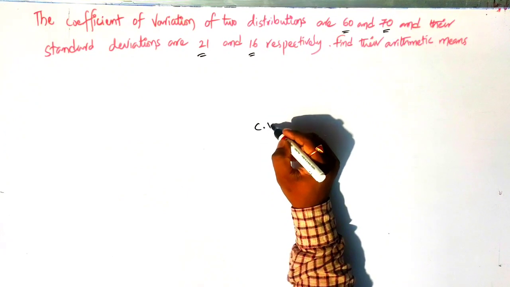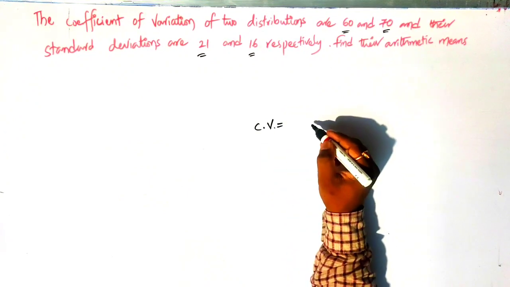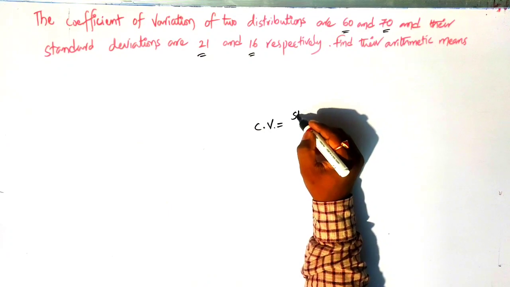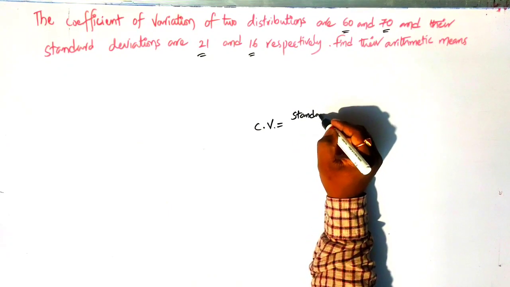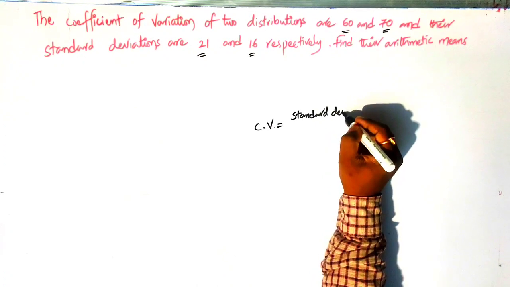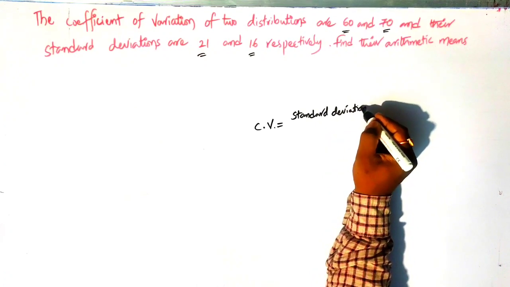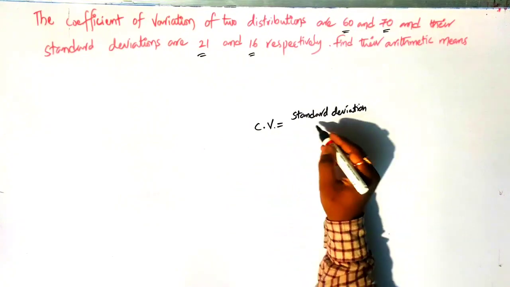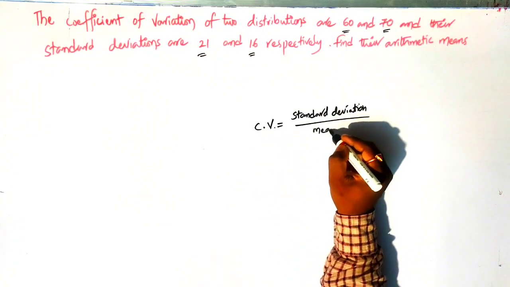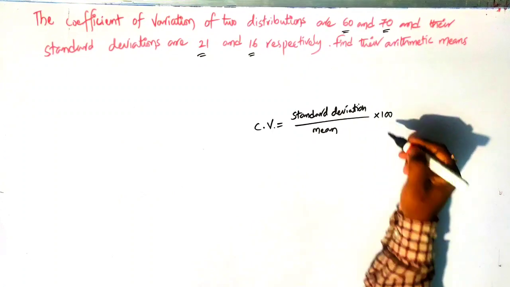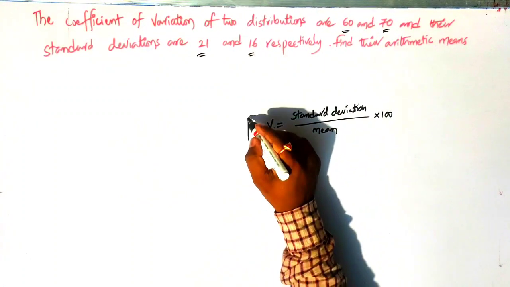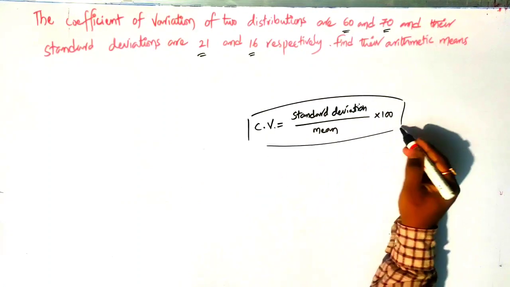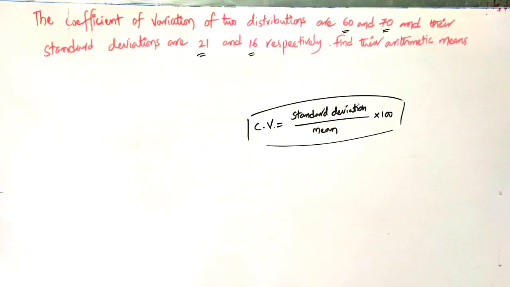So coefficient of variation CV is equal to standard deviation divided by mean into 100.